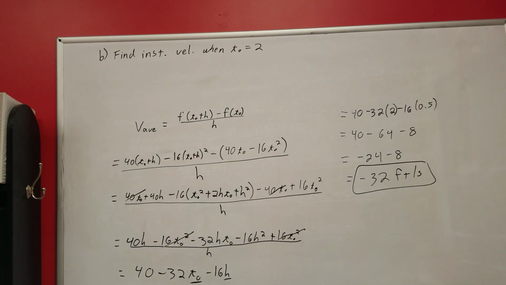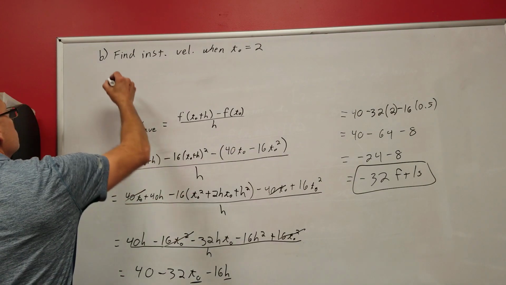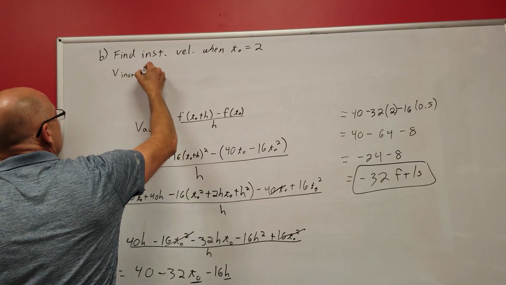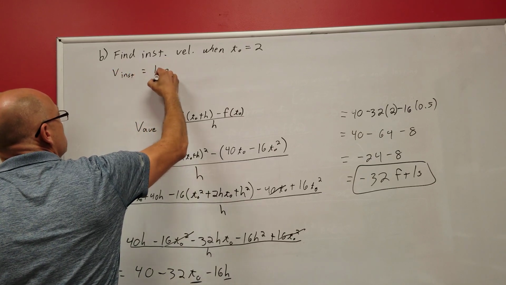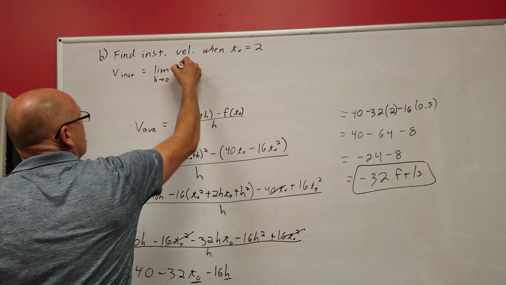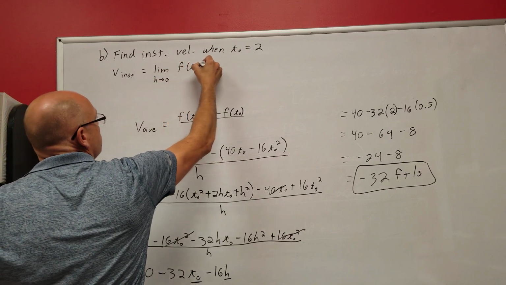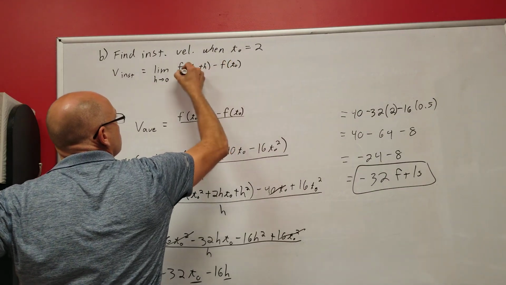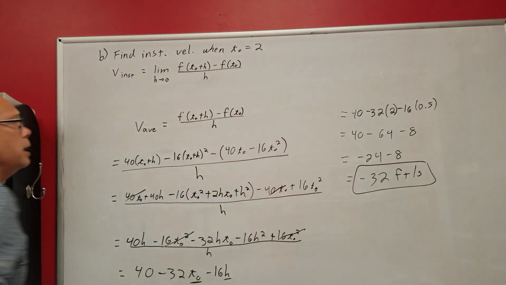Now, how do I find an instantaneous velocity? Let's say v-inst is equal to the limit as h approaches 0 of f at t naught plus h minus f at t naught, all over h.